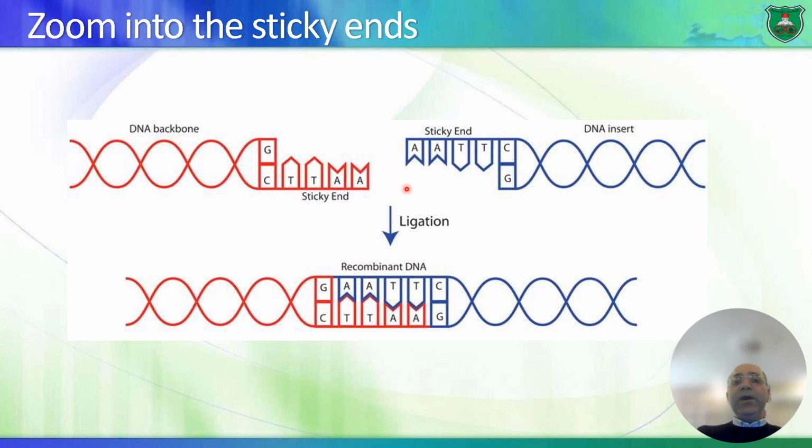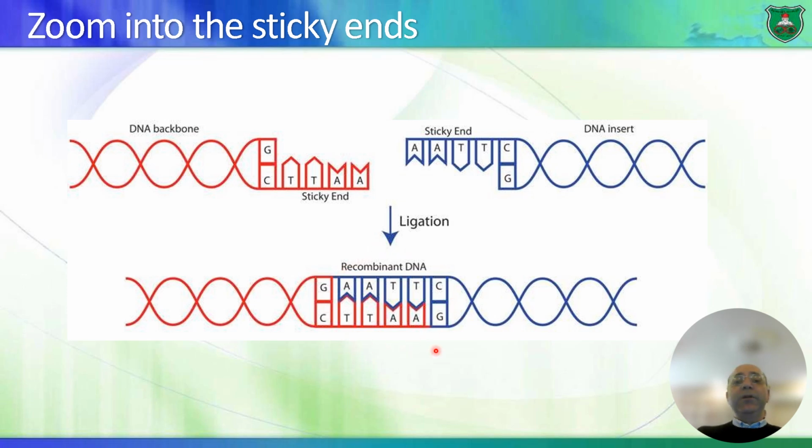So we can have the formation of hydrogen bonds between these two different fragments from different sources because they have ends that are complementary to each other. And then we can have the formation of a phosphodiester bond between the A and the G, right here. So we have what is known as a recombinant DNA.